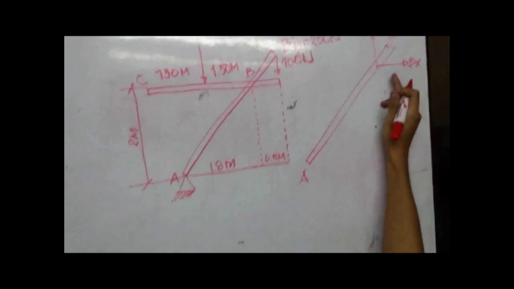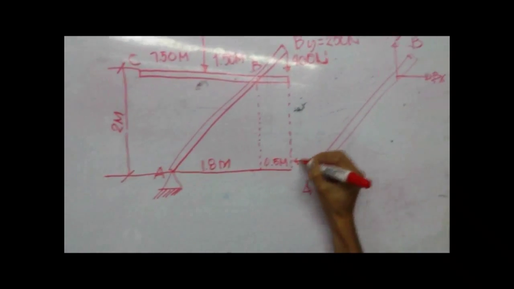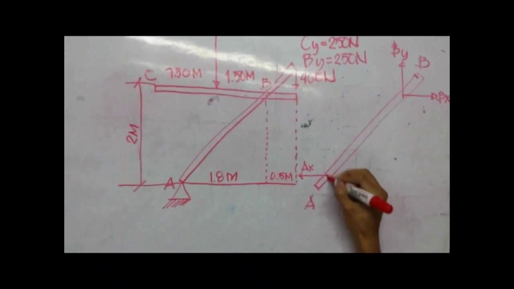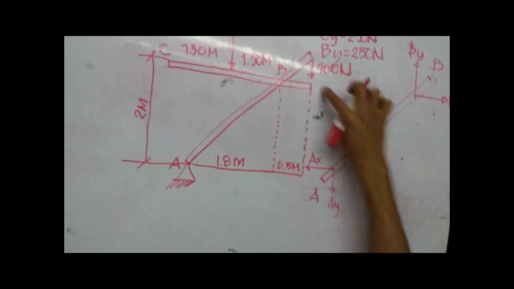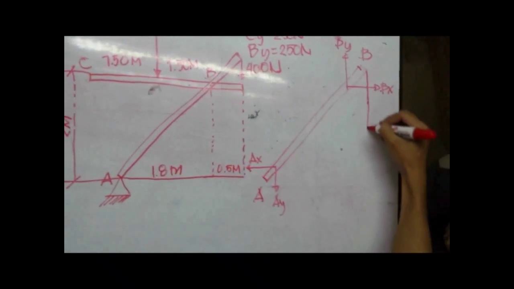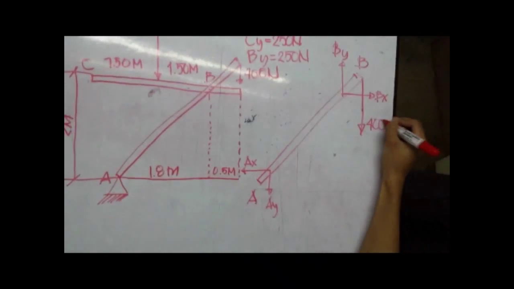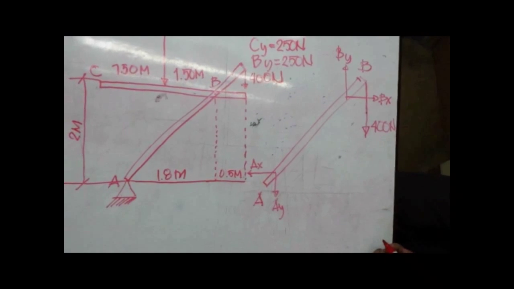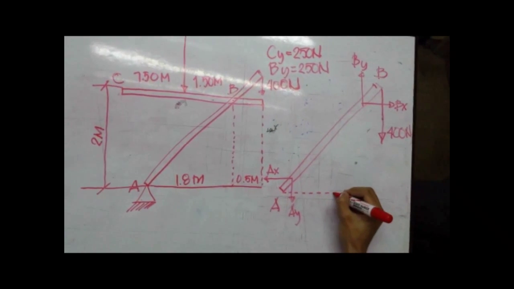We have to oppose those forces at point A. We have an Ax going to the left and Ay going downwards. And we have to add the value of 400 newtons going down at that point. I'm gonna draw it here, having a value of 400 newtons. So, we're going to use distances in the given.